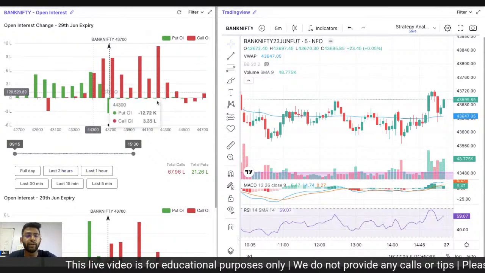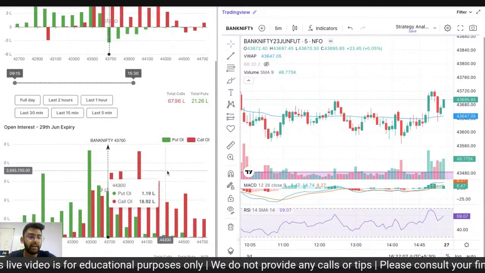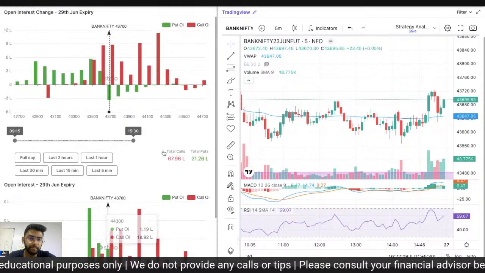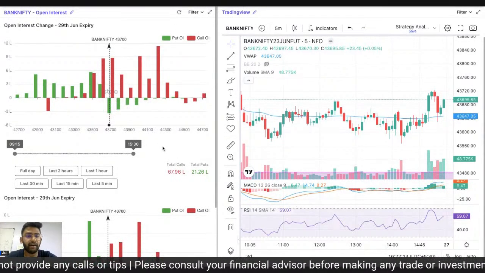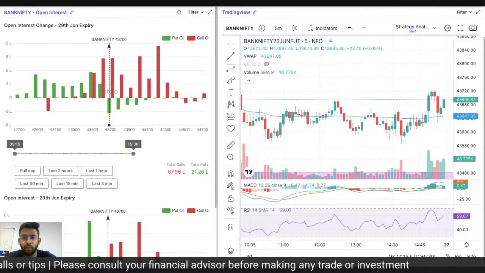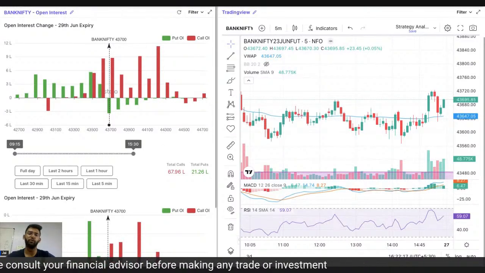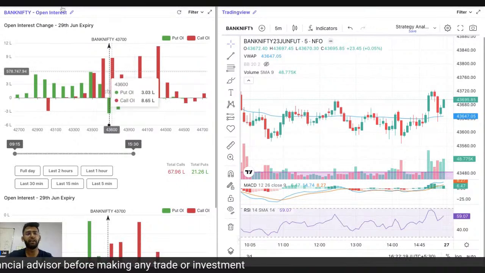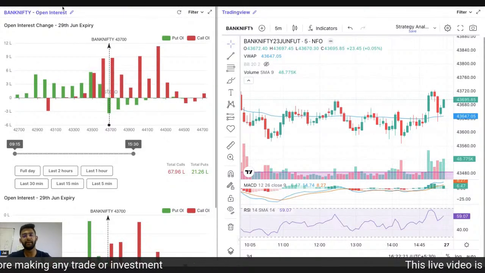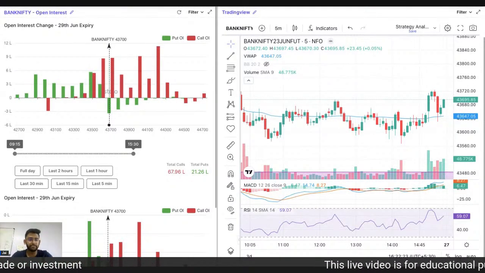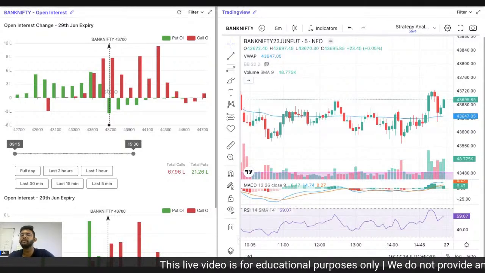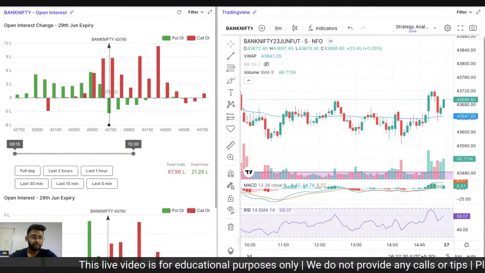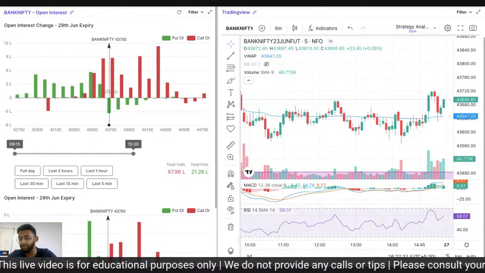In terms of only today, we see a little more increase in the call side, which is a sign of bearishness. But again, we will see in the coming days how it turns out. So overall, market sentiment, I am still sideways, but coming towards the month expiry, it might end up being a boring expiry.